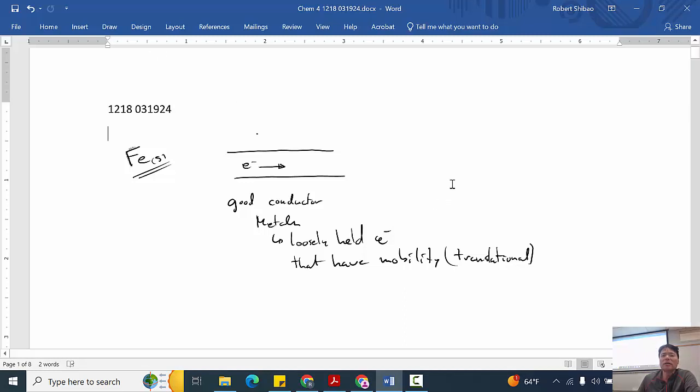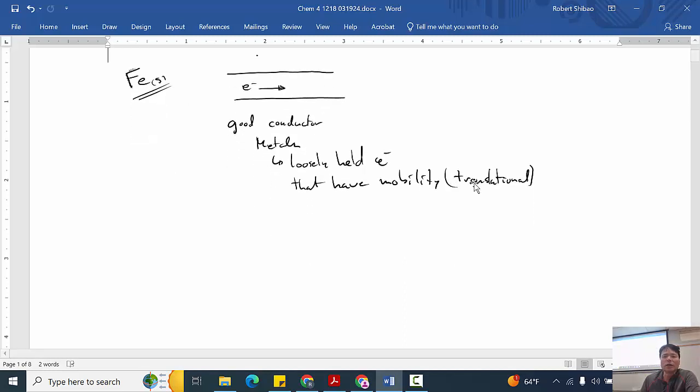So let's talk a little bit about the structure of iron. Iron is what we call a metallic solid or metallic crystal.